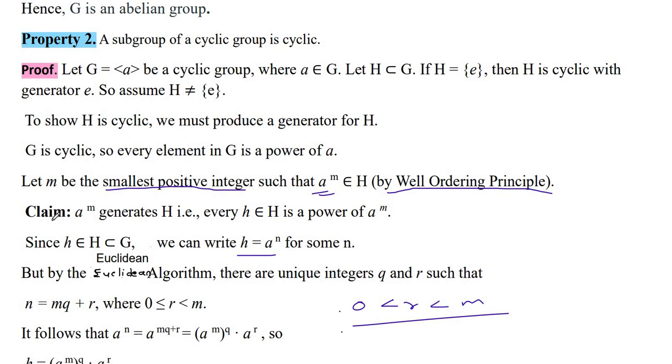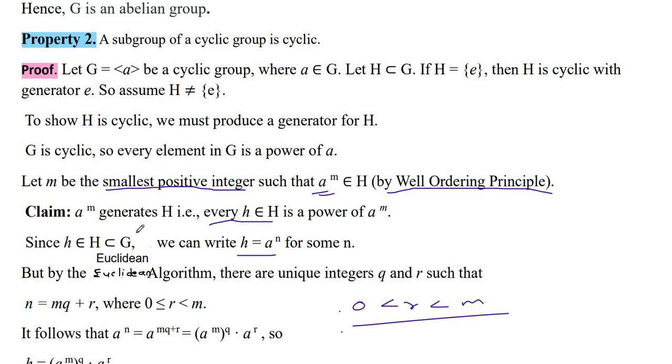Now what we are going to claim is that a^m is the generator for H. That is, every h in H is a power of a^m. Since h is in H and H is contained in G, h can be written as an integral power of a. So h is a^n for some integer n.